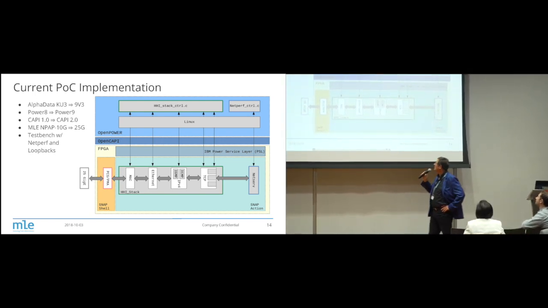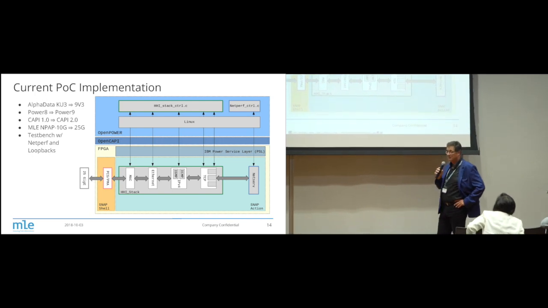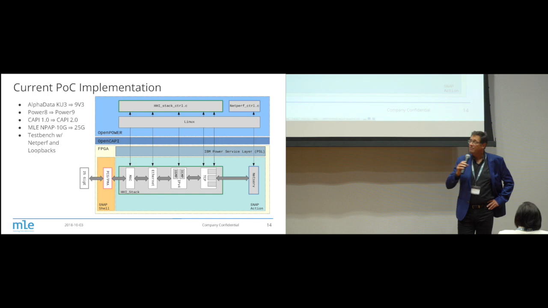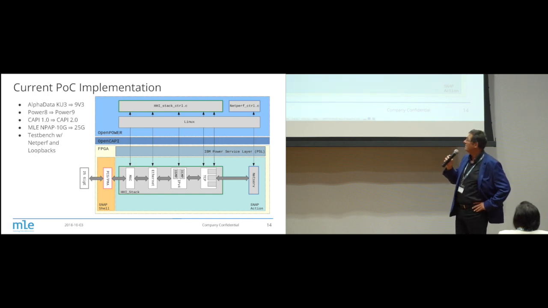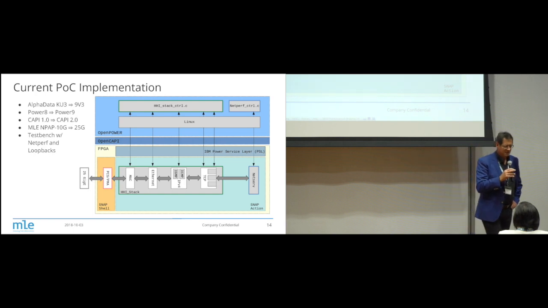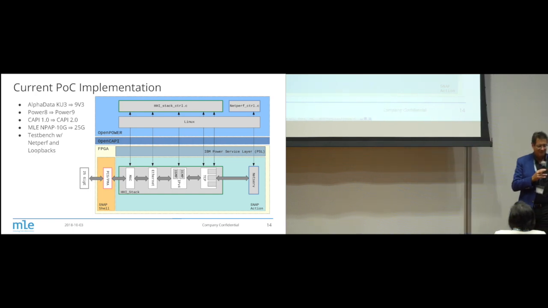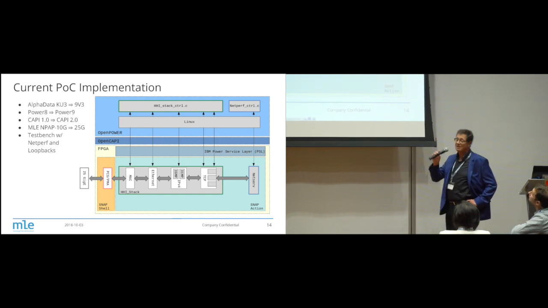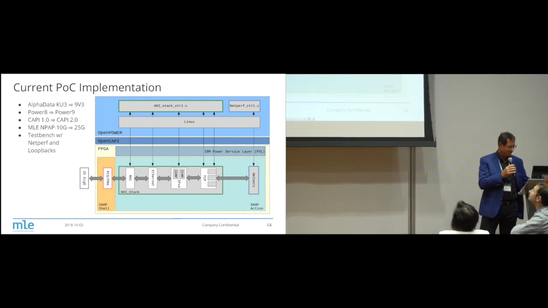Again, everything is implemented as a SNAP action, including the NetPerf, so you can hook it up, connect it, and drive it. And I guess it runs 25 gig if your cards would run 25 gig, or if we finally port it to one of your cards which run at 25 gig. But that's basically the current implementation.